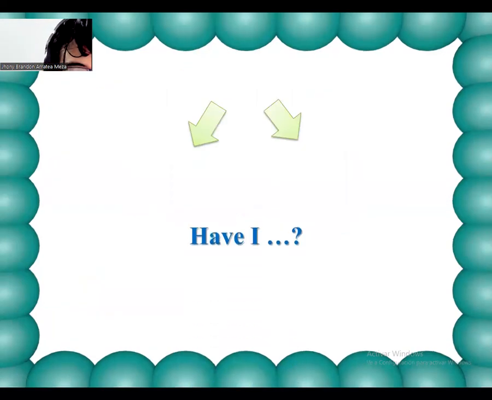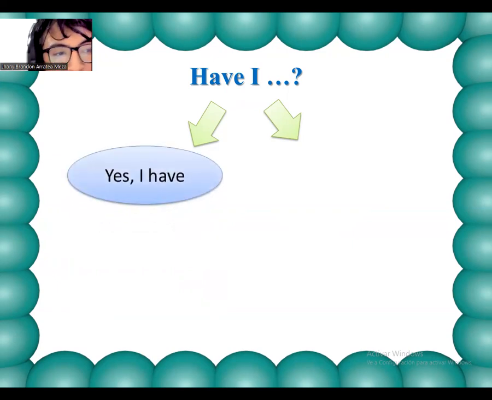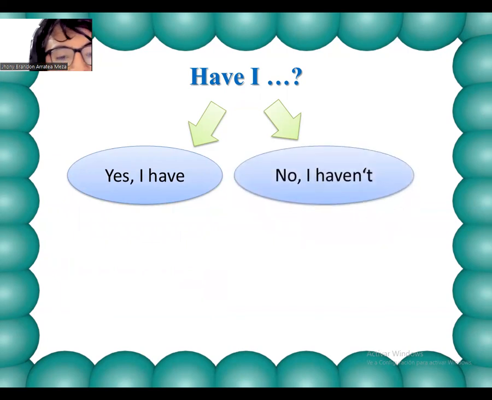Well, let's see here. When we have a question with the subject I, we use first the auxiliary verb have, and we also respond to this question with this. Yes, I have, and no, I haven't. Let's see some examples.